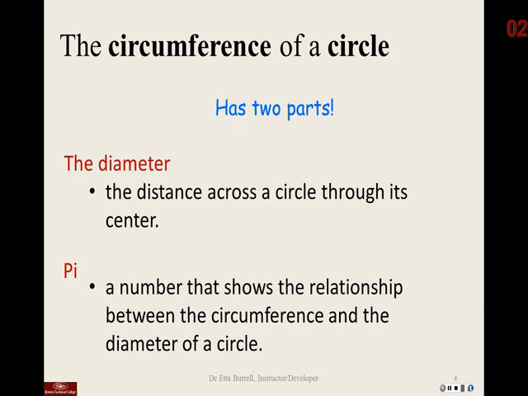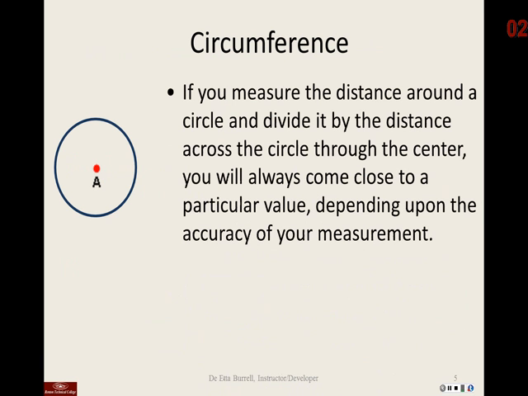So I'm going to show you visually what that means. If you measure the distance around a circle and divide it by the distance across the circle through the center, you will always come close to a particular value, depending upon the accuracy of your measurement.